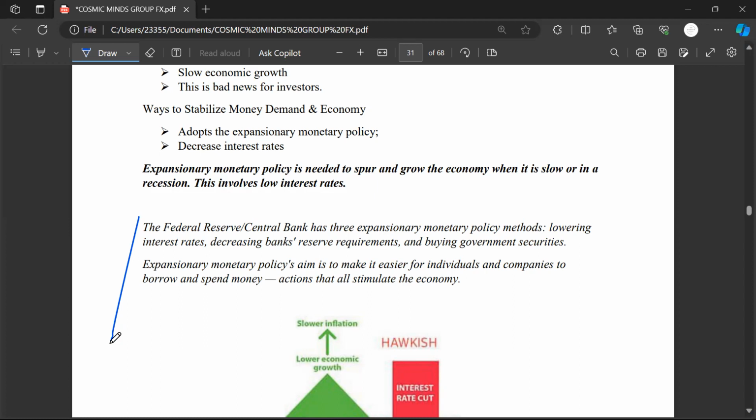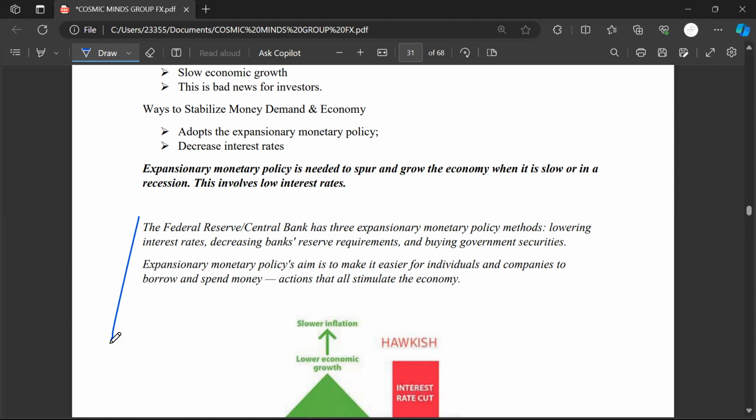And then the government buys government securities, right? They will buy from the economy, from the businesses in the country. By buying, they are giving money into the system.